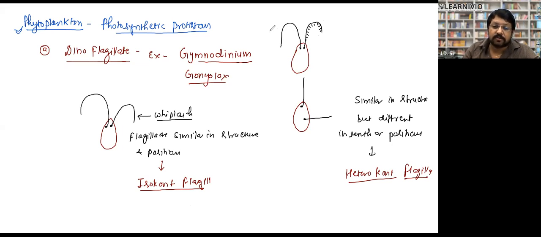This is whiplash and this is tinsel. So they will also be called heterokont. Heterokont flagella are those which are different in structure, or different in position, or different in length. So there are two kinds of flagella, isokont and heterokont. Clear?